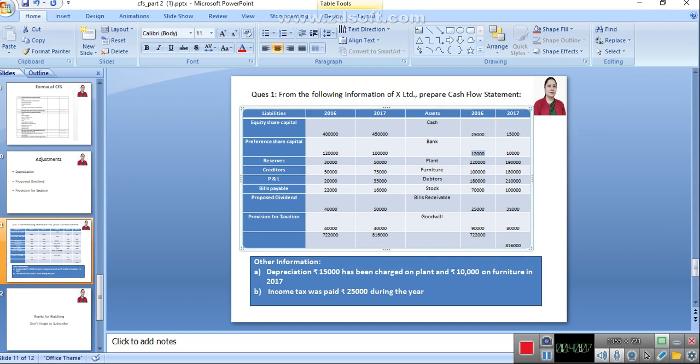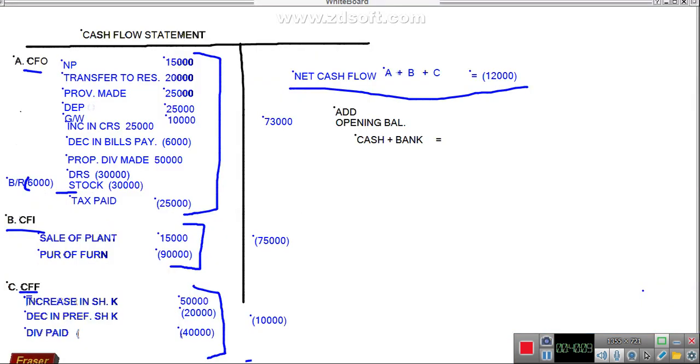So that is 37,000 in total. So cash and cash equivalent balance is given as 37,000. So add this balance to the net cash flow. The amount which you will get here after this is 25,000.